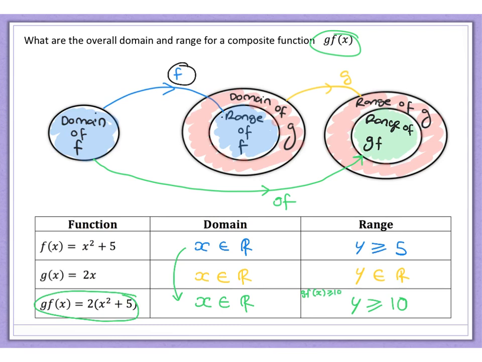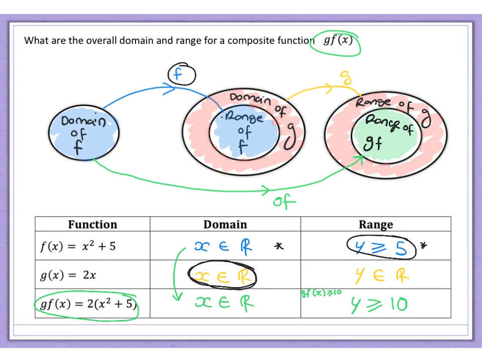So you can see that this applies very carefully to the example above we've got in the diagrammatic form. We start with this domain here, x is any real number, and we end up with the range of values for f, which is that y is greater than or equal to 5. You can see that this is contained within the overall domain of g, so the range of f, which is y is greater than or equal to 5, falls within the domain of g, which is x is any real number.